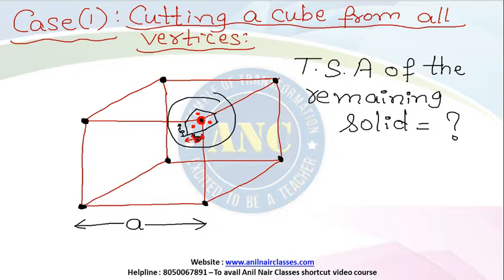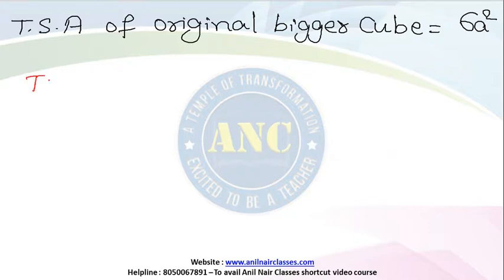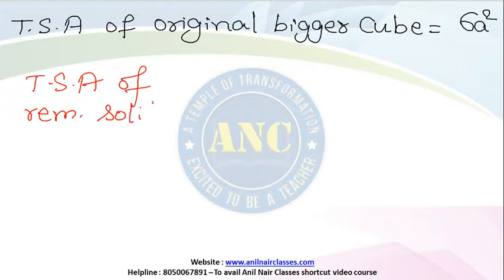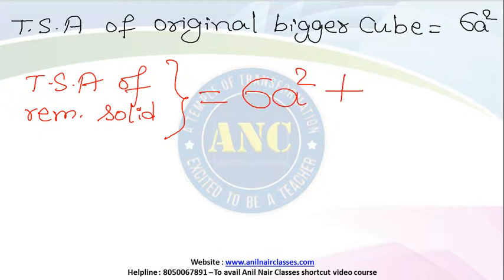So the total surface area of the remaining solid, let me write it here, is equal to the total surface area of the original bigger cube, that is 6a square, plus something.